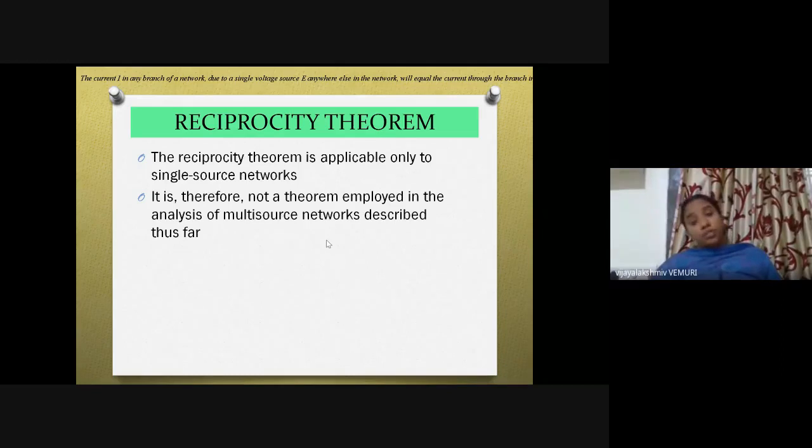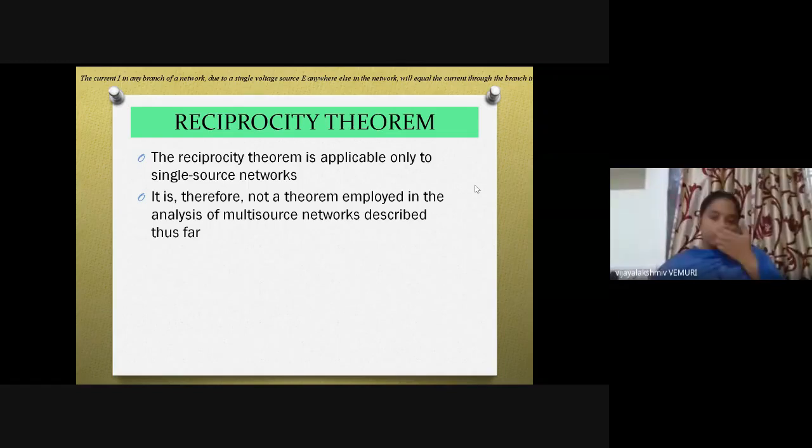But reciprocity theorem is not applicable to networks which have more than one source. That is a very important point. Reciprocity theorem is only applicable to single source network. That is one of the limitations of reciprocity theorem. It is not applicable for multi-source networks.